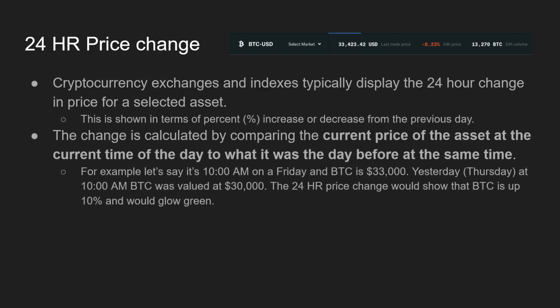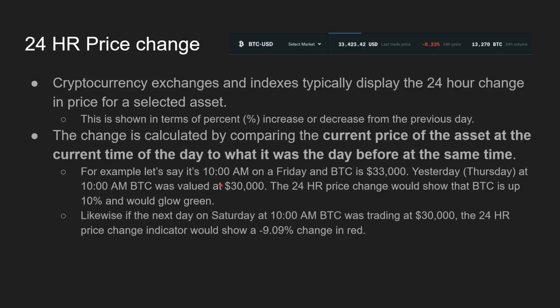So let's say it's 10 a.m. on a Friday. Bitcoin is 33,000. Yesterday, Thursday, at 10 a.m., Bitcoin was valued at 30,000. The 24-hour price change would show that Bitcoin is up 10% and it would glow green. Likewise, if the next day on Saturday, 10 a.m., Bitcoin was trading at 30,000, the 24-hour price change indicator would show a negative 9.09% change in red.